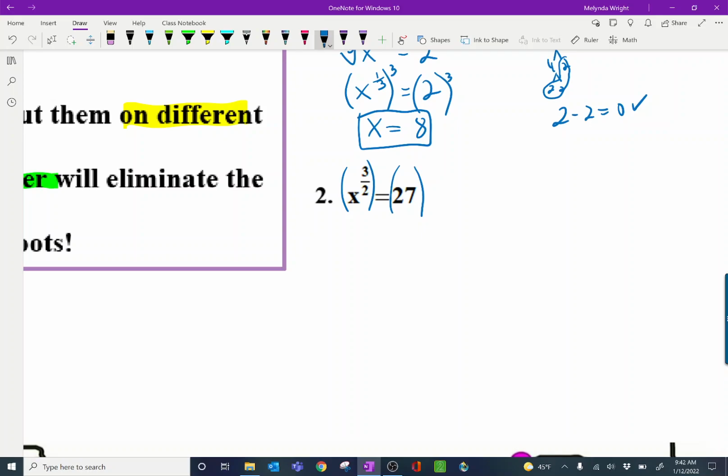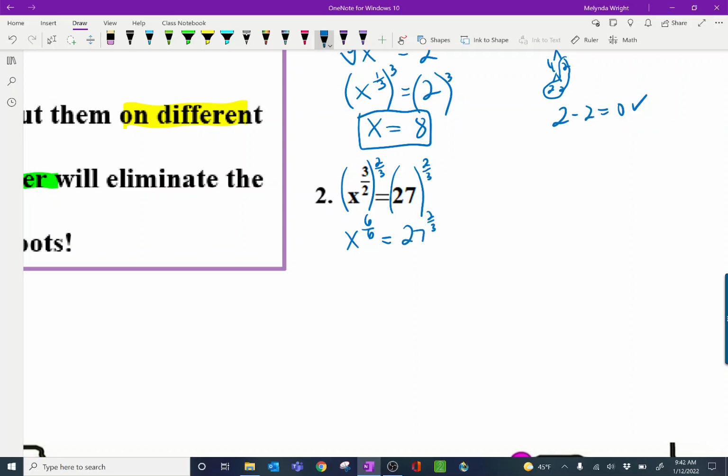Yeah, you're right, you would multiply by the reciprocal. If I raise each side to the 2/3 power, then, so let's check that out. So 3 times 2 is 6, and 2 times 3 is 6, and we know 6 over 6 is 1, x is 27 to the 2/3.